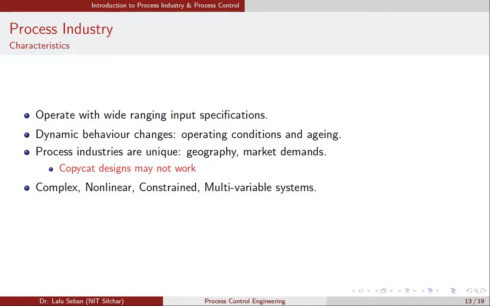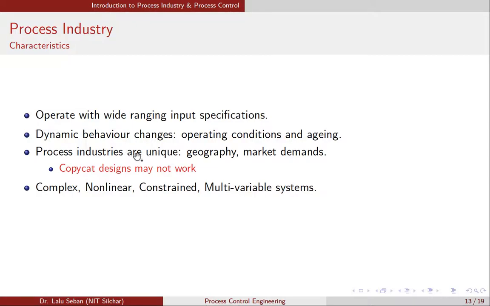You might have heard about sweet crude and sour crude based on the composition or the content of sulfur in that particular crude. Then, based on the ambient condition, based on the aging of the equipment, based on the raw materials, based on the utilities, the behavior of the plant may change with respect to time.